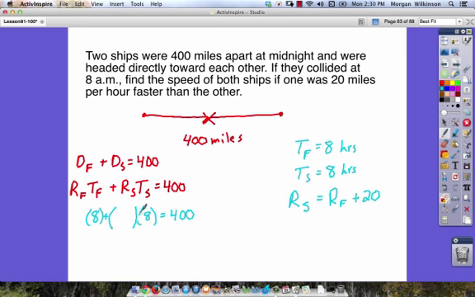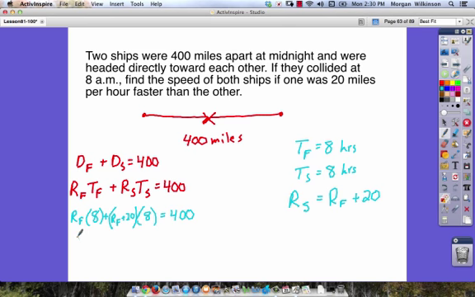R sub s is equal to r sub f plus 20, and then we've got r sub f. Now this problem looks slightly different than our last one. Here we have the distributive property. We need to multiply 8 times r sub f and 8 times 20 before we can simplify to solve.